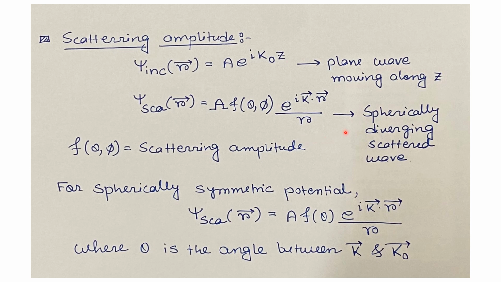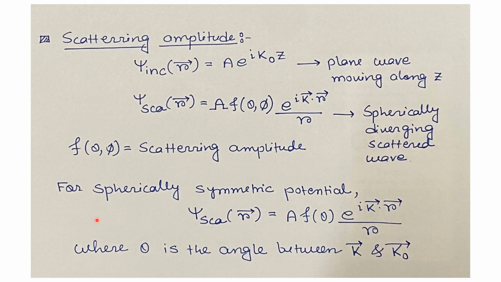This is a spherically diverging scattered wave, and this f as a function of theta, phi is known as the scattering amplitude. Now, for the case of a spherically symmetric potential, that means our scattering potential only depends on the distance from the center, that is r, then our scattering wave function can be written as A times the scattering amplitude as a function of theta, that is f of theta, times e to the power i k r divided by r.